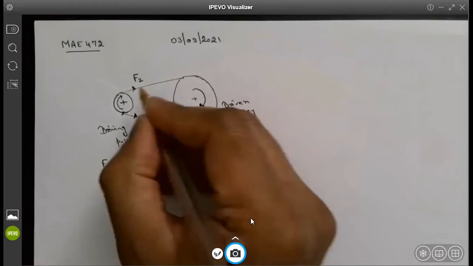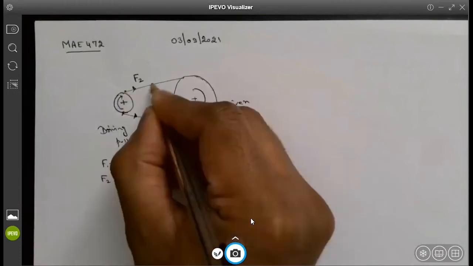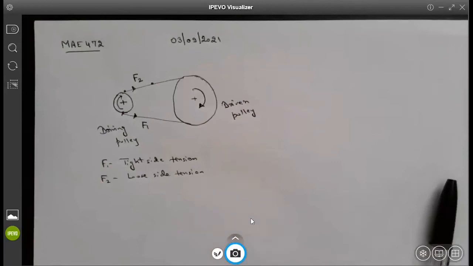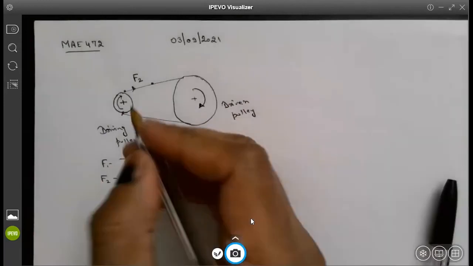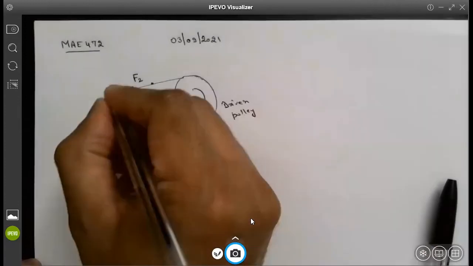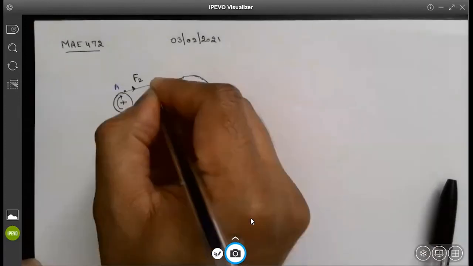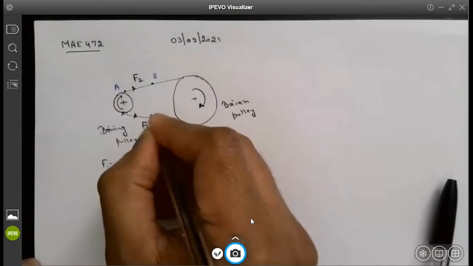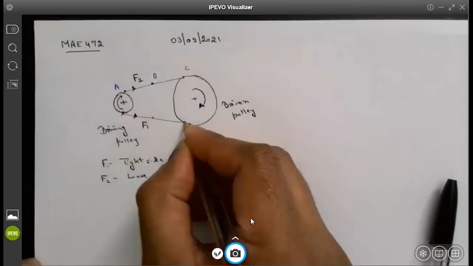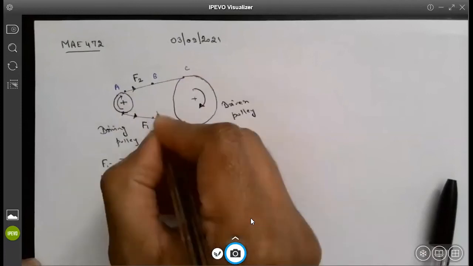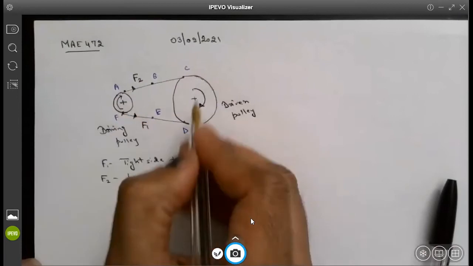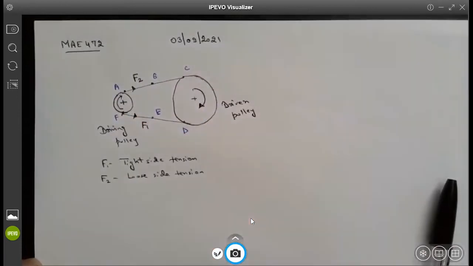So the reason I was trying to put more focus on this specific concept is this. If I look at point A, point B, and point C here, these will not be the same labels as in the slide, but let's say these are points along the length of the belt material.